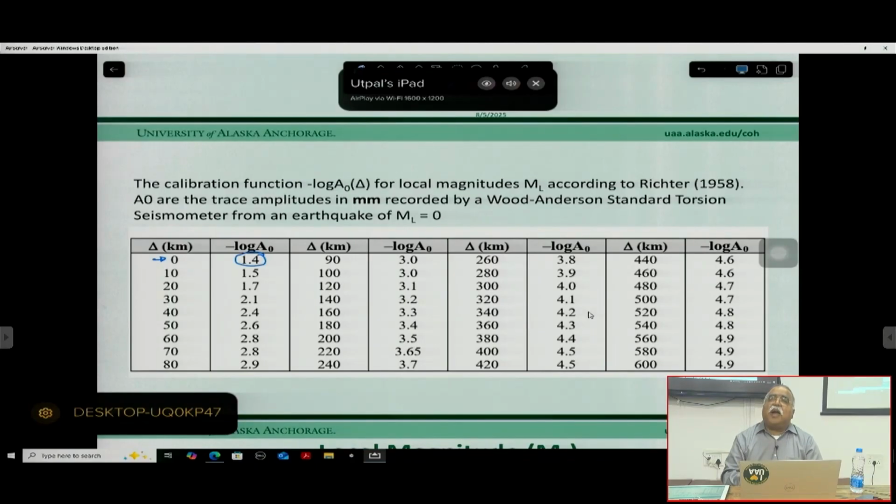So this is your minus log A0. That means assuming that the logarithmic amplitude value at zero distance is 1.4, and then he has given a scale with 10, 20 different distances, each with different logarithmic values, right? So that you have to add in order to calculate the actual values of the magnitude, right?